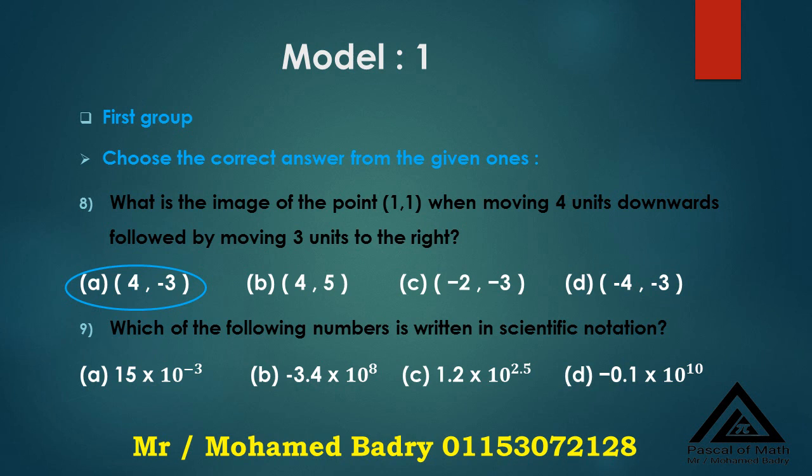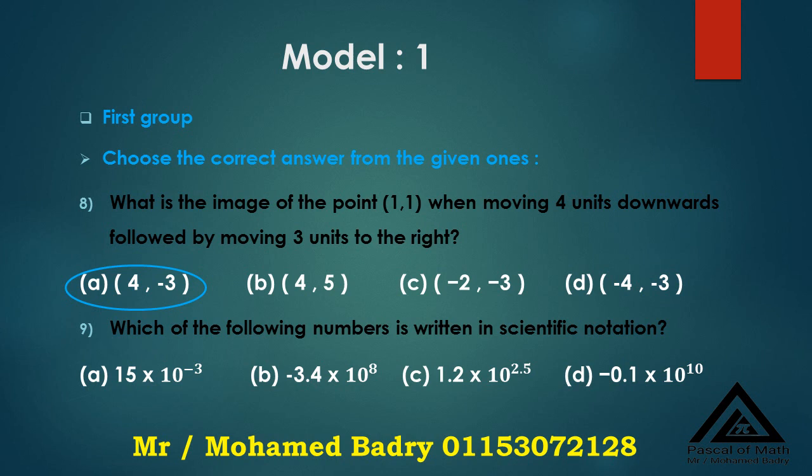If we take absolute value of this number, that means the absolute value of the number we will multiply by 10 is greater than or equals 1 and smaller than what? Smaller than 10. For this reason, we will cancel answer A because 15 is bigger than 10.